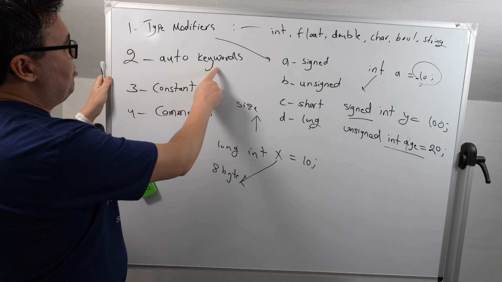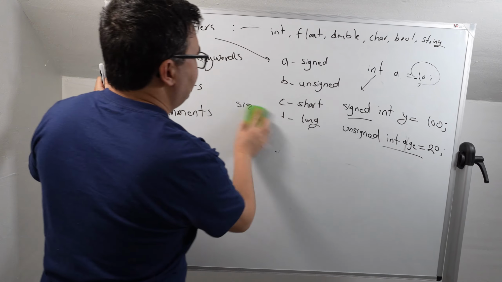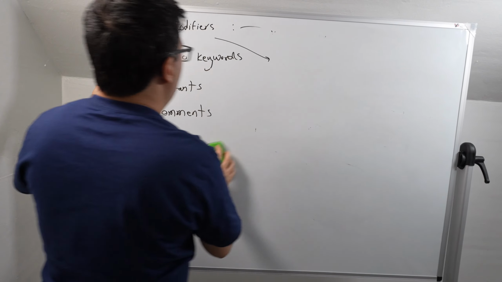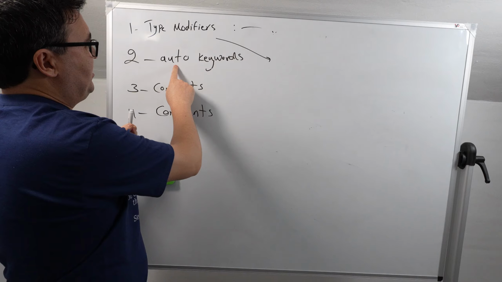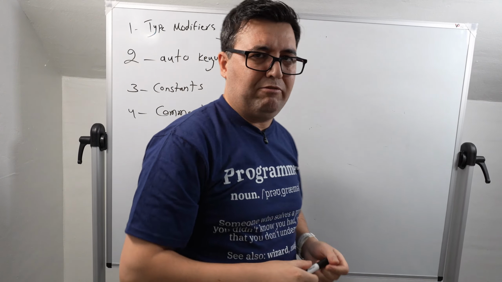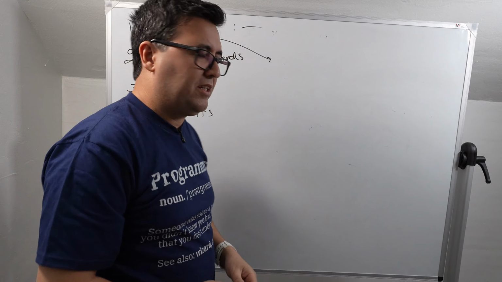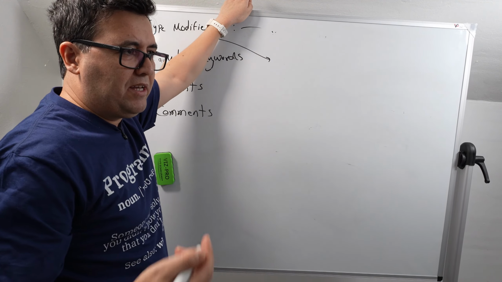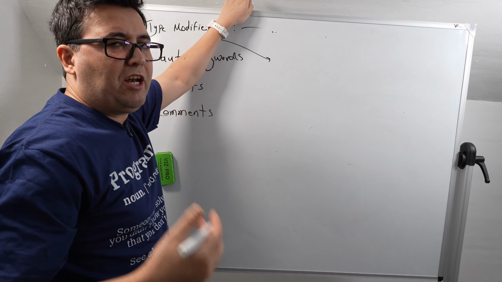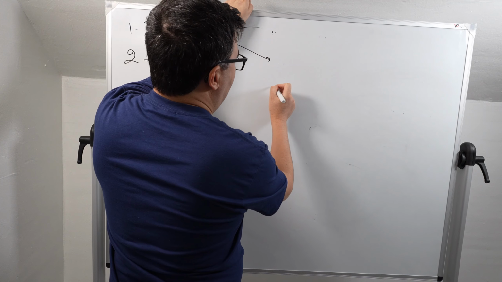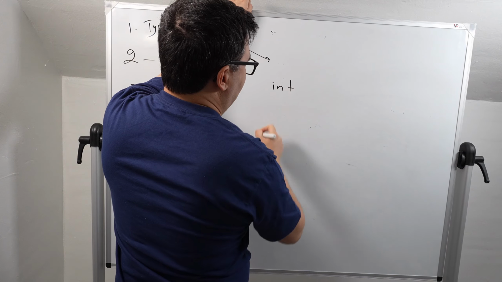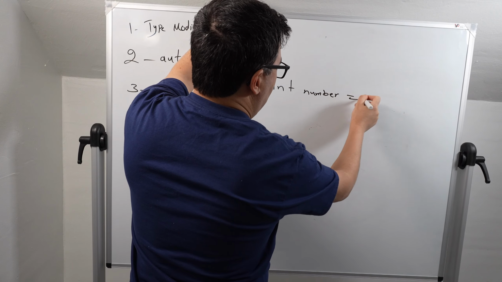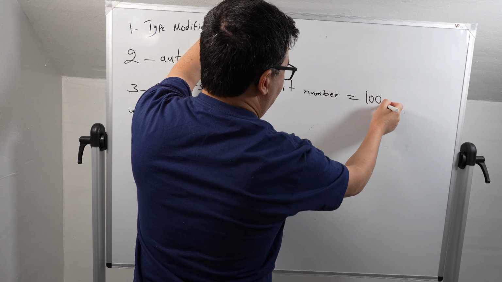Now let's go to the auto keyword. The auto keyword was introduced in C++11, modern C++. If we define a variable in C++ and initialize a value, we say int number equal to 100.